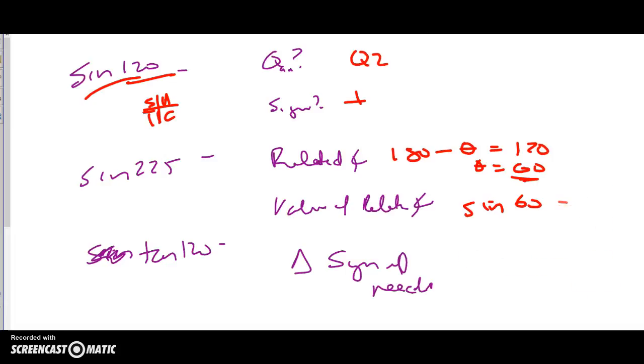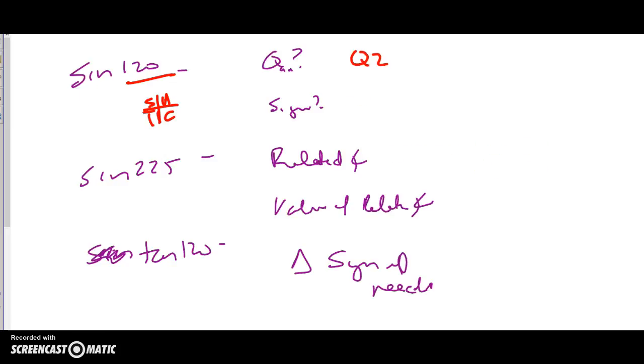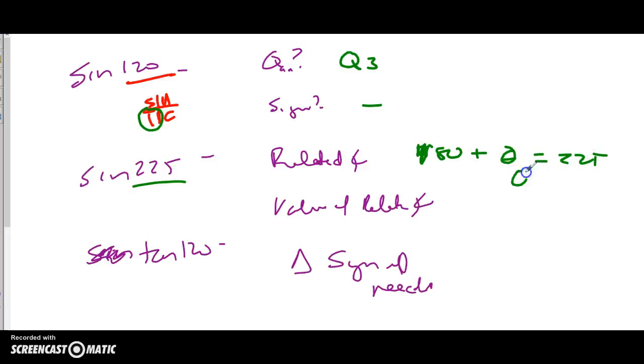Then I'm going to get the sine of 225. So sine of 225, let's do that in green. 225, what quadrant? That's in here. Okay, so Q3, bigger than 180, smaller than 270. In Q3, sine is not positive, only tan is, so I'm negative in Q3. Related angle: 180 plus theta is equal to 225. So what's theta? 45.